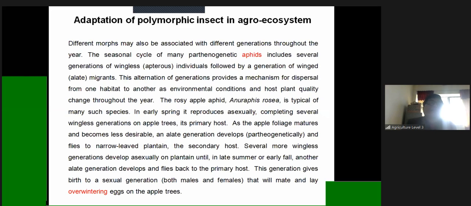And another adaptation of the aphid: usually aphids produce the apterous form. Apterous form aphids are produced by the parthenogenetic way, that means the asexual mode of reproduction. By parthenogenesis they produce wingless individuals.